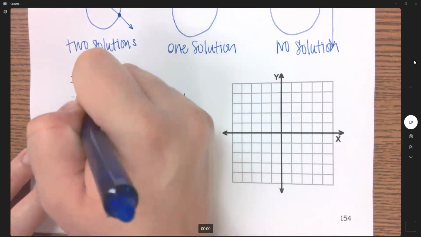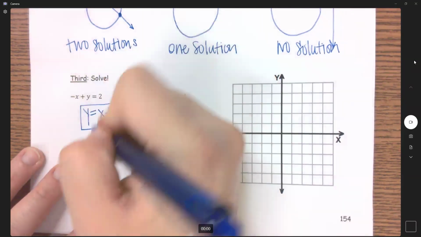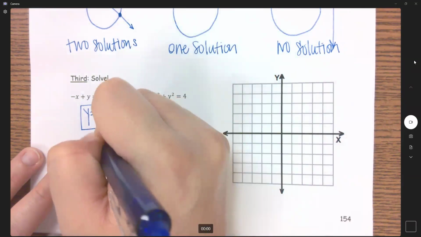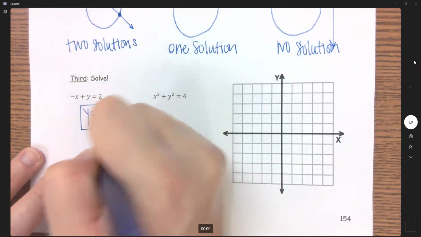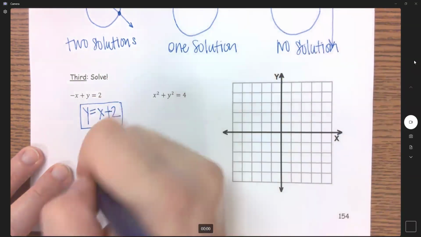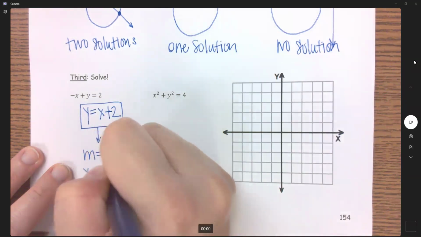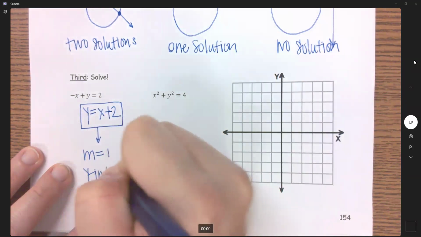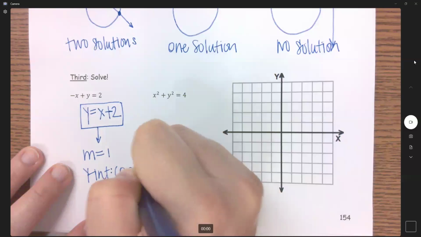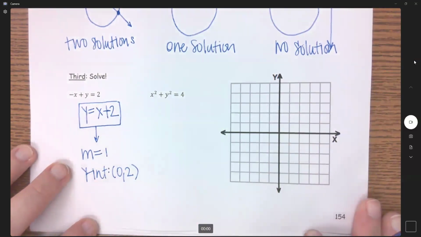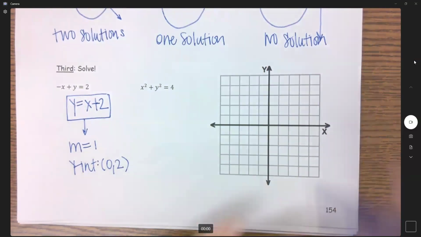So now from here, I am told 2 things. First, I have that my slope is 1. And I have that my y-intercept is at 0, 2. So I'm going to go ahead and graph this.